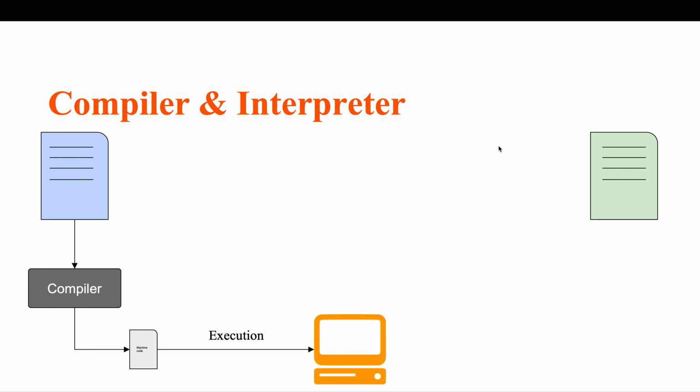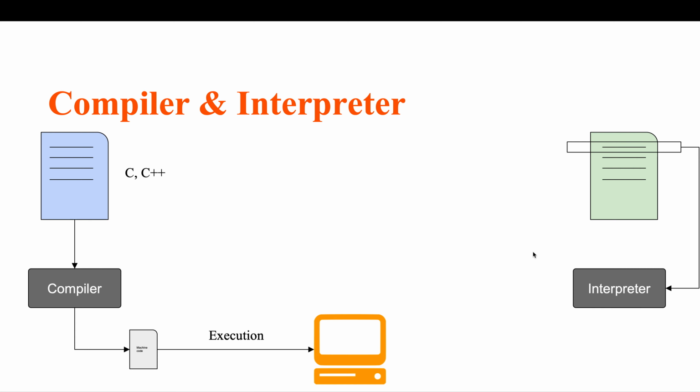Okay, now what happens in the case of an interpreter? Let's say we have a similar program in another language. These are the set of instructions, and the interpreter will take instruction by instruction. The interpreter will take the first instruction, and this instruction is executed.